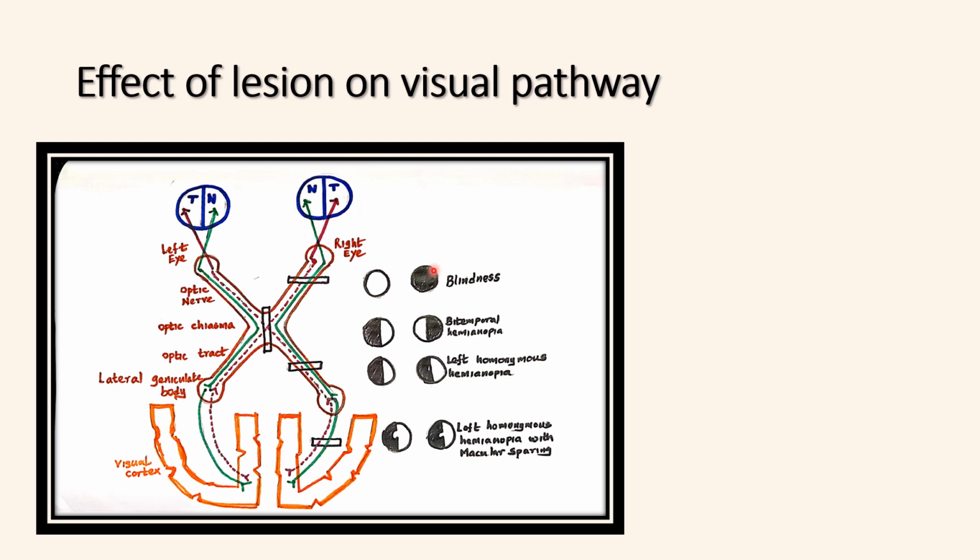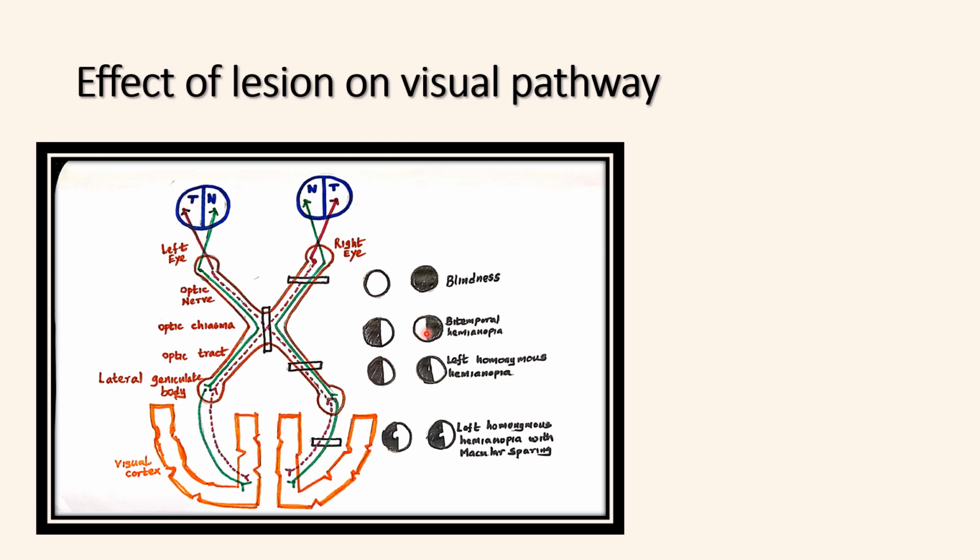So right eye blindness. Now a lesion in the center of the optic chiasma. So only the nasal fibers are affected. The nasal fibers receive the visual field from the temporal side, both temporal sides.